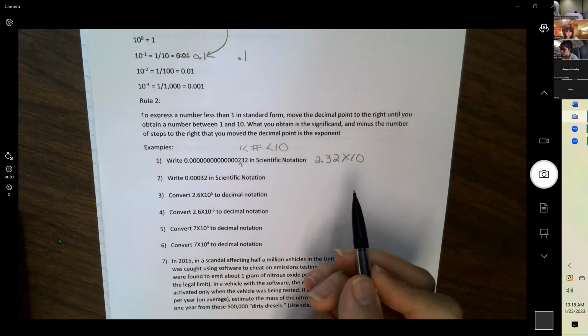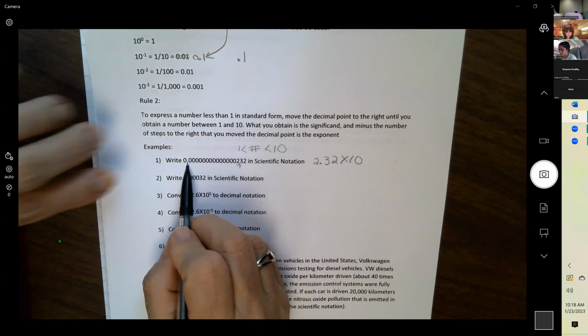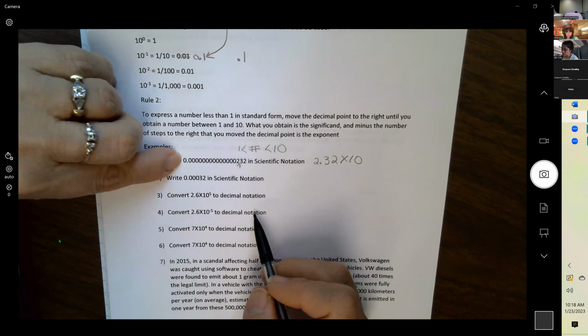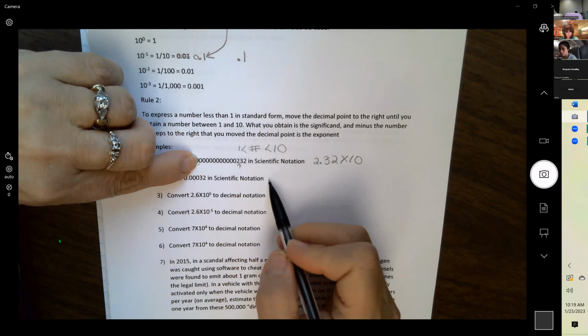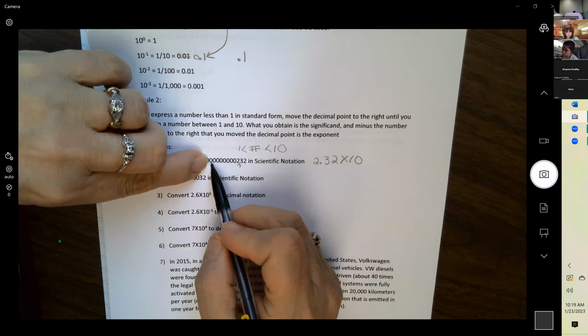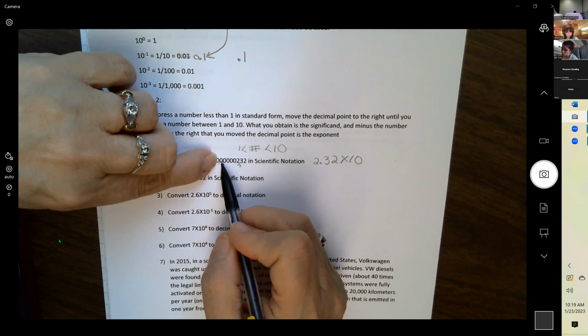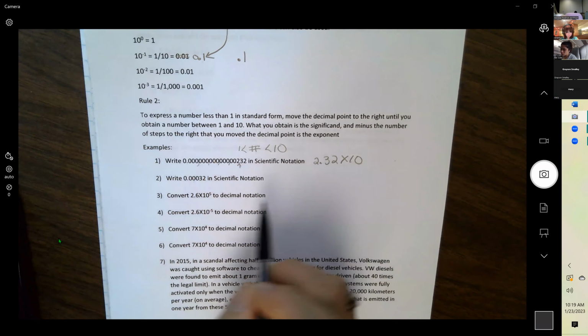Then count how many places you needed to move. So from here, we're moving 1, 2, 3, 4, 5, 6, 7, 8, 9, 10, 11, 12, 13, 14, 15.